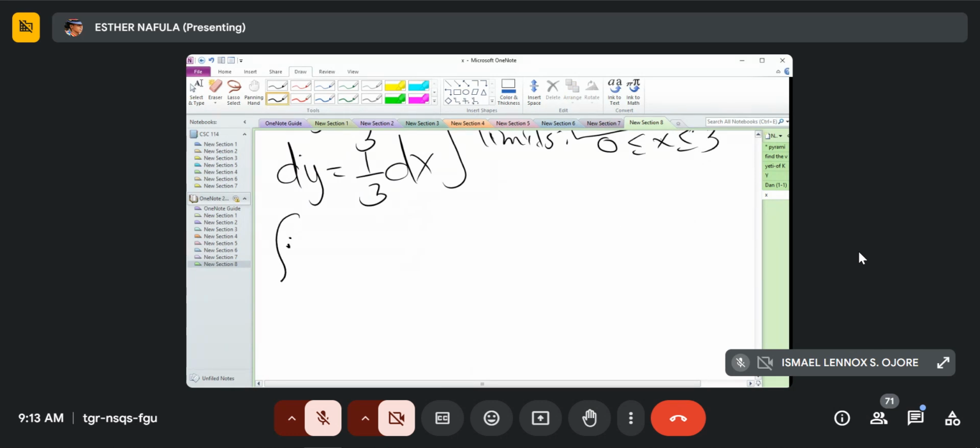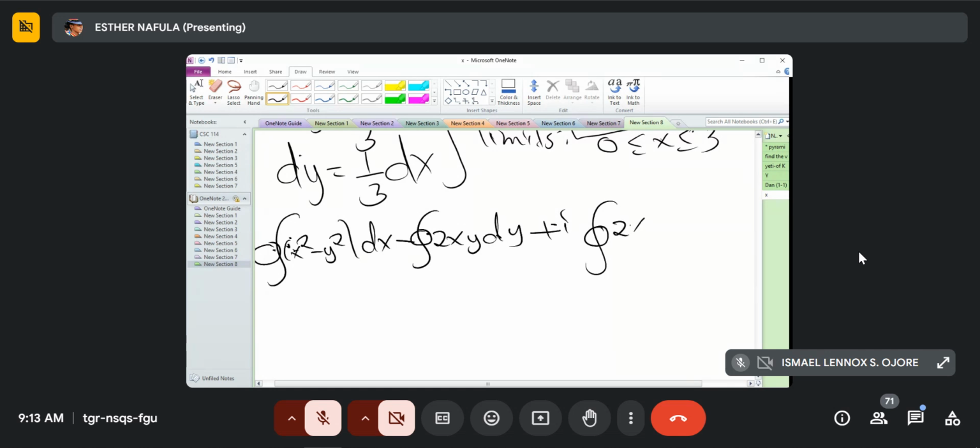Maybe I can write it back. We had to evaluate the contour integral of x squared minus y squared dx minus the integral 2xy dy, plus i times the integral 2xy dx, but the i is affecting everything, so plus the integral x squared minus y squared dy.